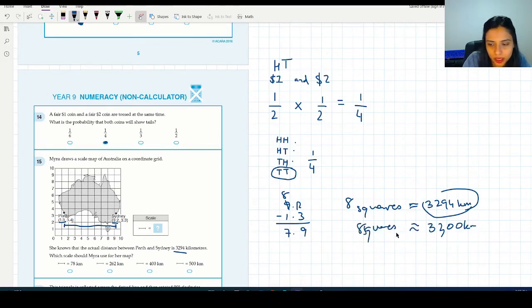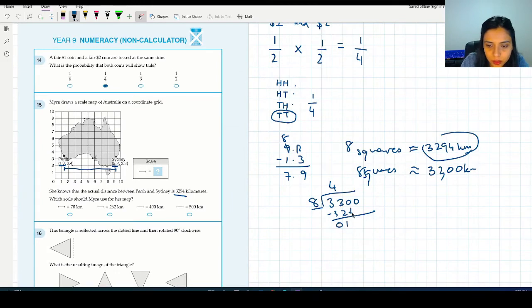And we want 8 squares to equal that. So let's just divide that. So if you divide that by 8, we're going to have 4, minus 32, 1, pull down the 0. It's 1, take away 8, you have remainder 2, pull down the next 0, it's 2, minus 16, you have a remainder 4.